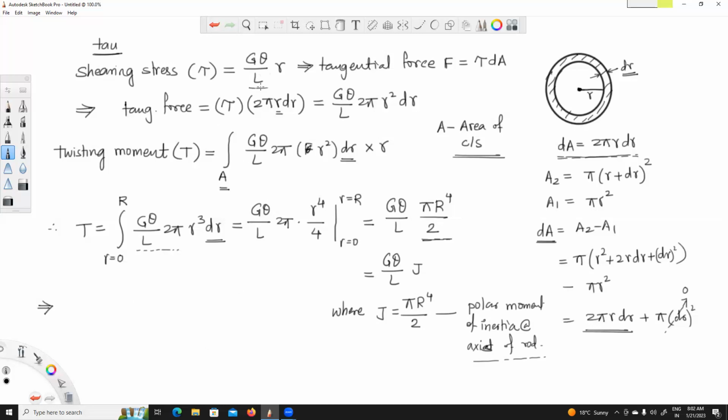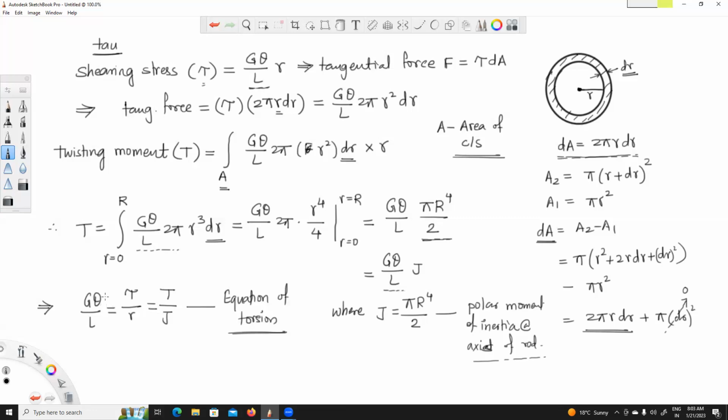You can see this term here, G theta upon L. I can write G theta upon L is equal to tau divided by R, which is equal to T divided by J. And this is what we know as the equation of torsion.